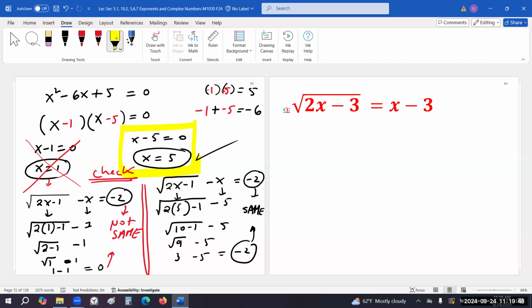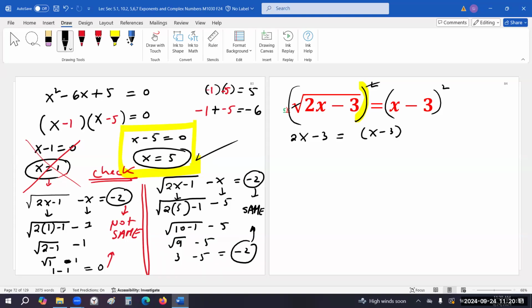Ibrahima, what is your first step? Good. This time it doesn't have any friends. It's single. So we can square right away on the first step. So what is left? What do you get? From the left, we get 2x minus 3.